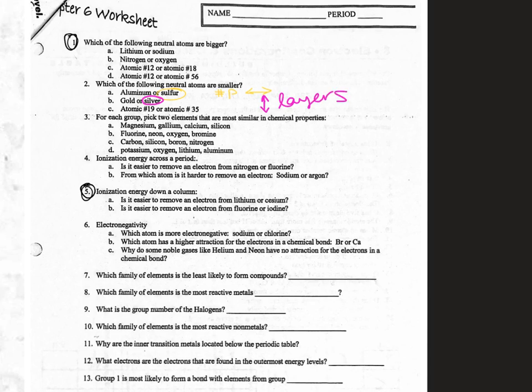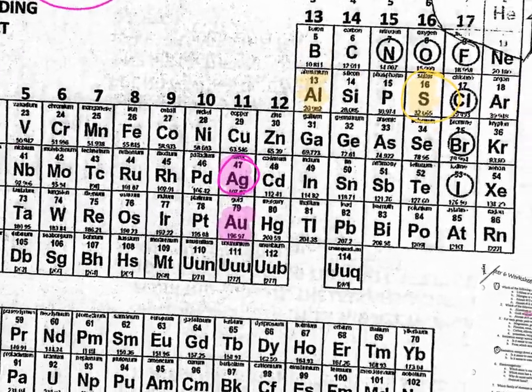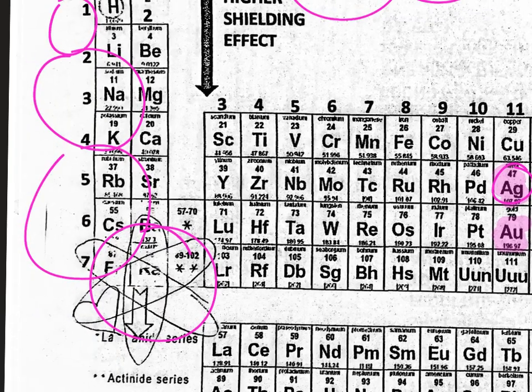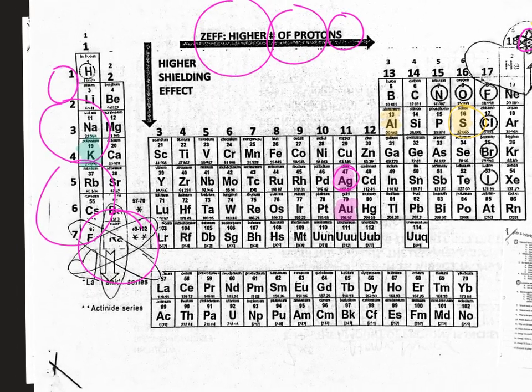And then finally, atomic number 19 or atomic number 35. So 19 versus 35. Let's go ahead and find 19 versus 35. 19 is potassium, which is right here. And 35 is going to be over here, bromine.